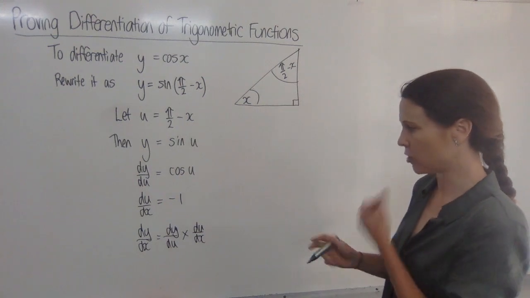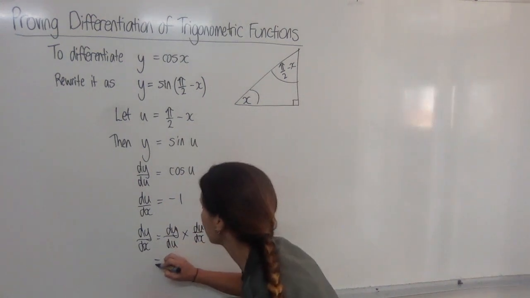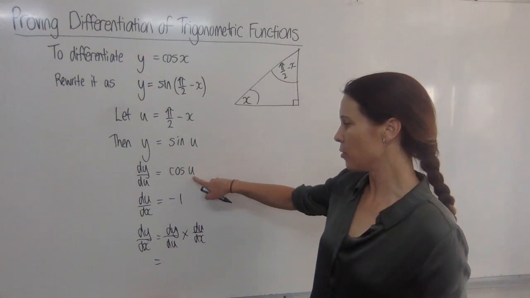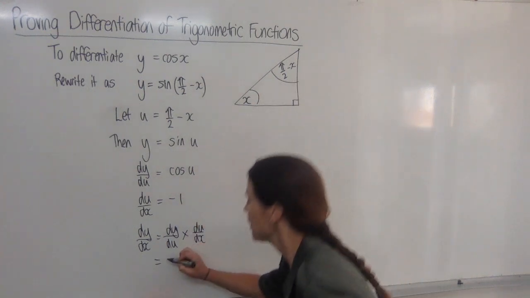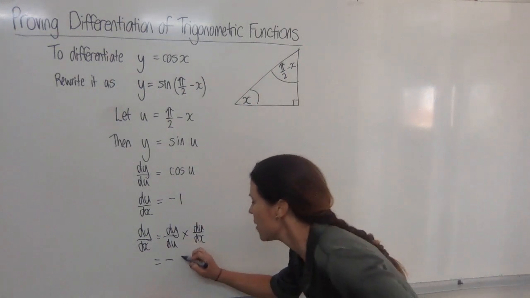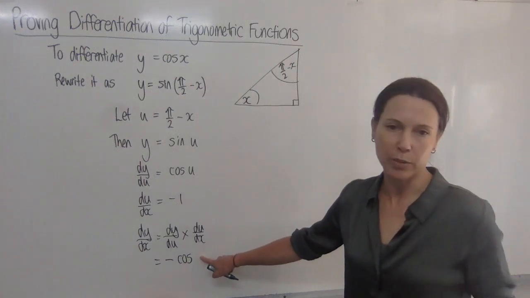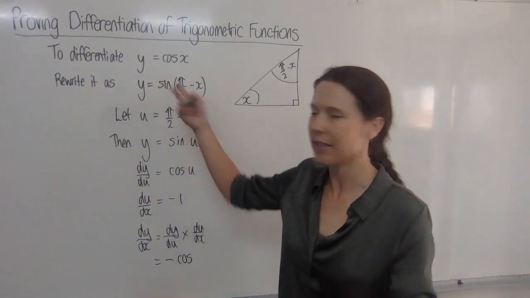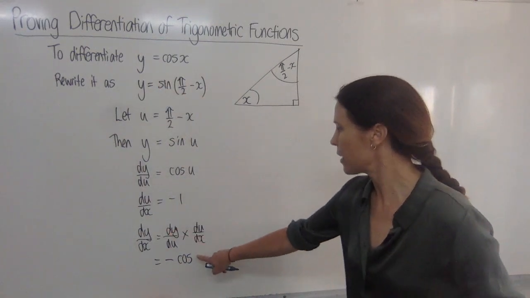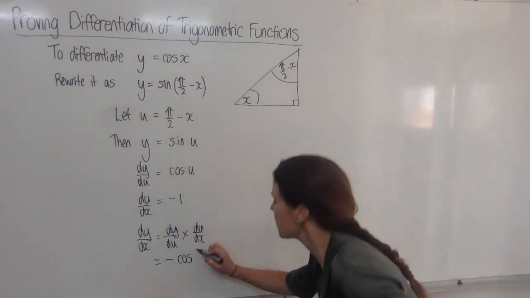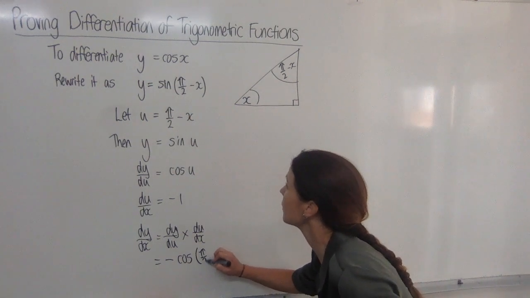We've seen this before with the chain rule. And so what that gives us is the cos of u multiplied by -1. So we have the negative out the front, and then we have cos, but we don't want to put u into our answer because what we're differentiating doesn't have any u's in it. So instead of writing down the u, we write down what u is, and we get this part in brackets.